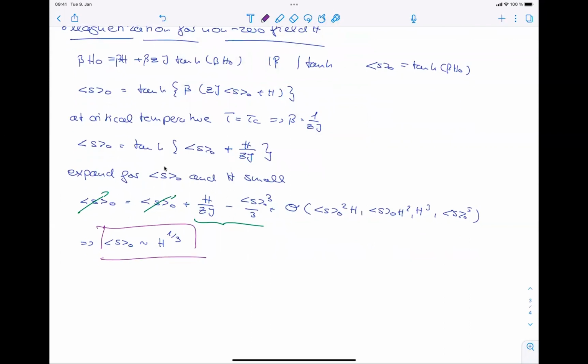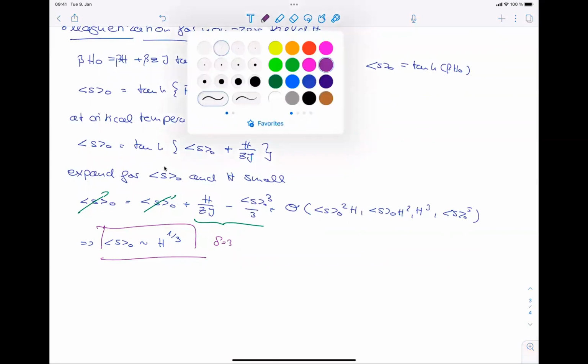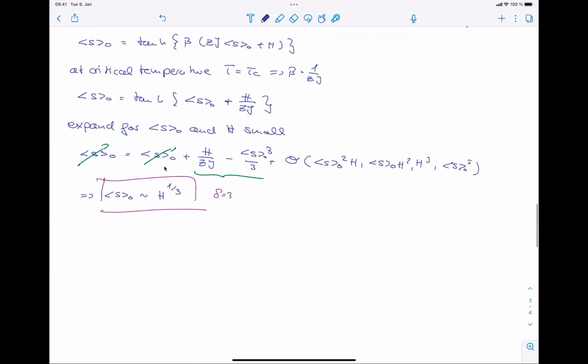And this translates into critical exponents. This is defined as defining this variable delta equal 3. Graphically speaking, this means that S naught as a function of h looks something like that, hitting the zero.